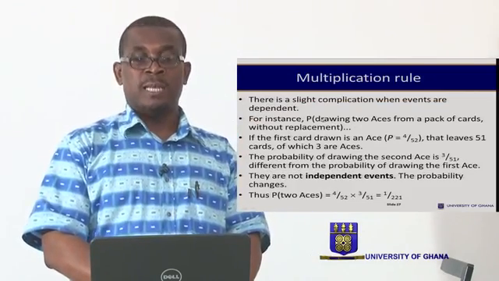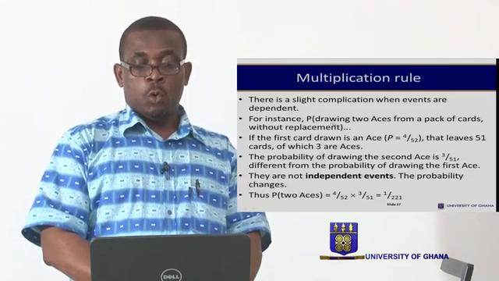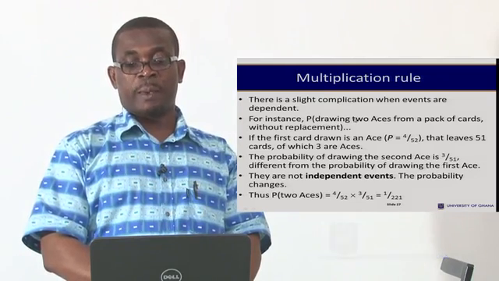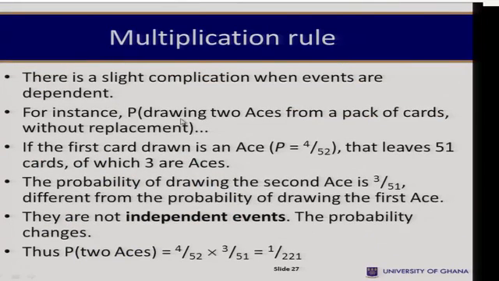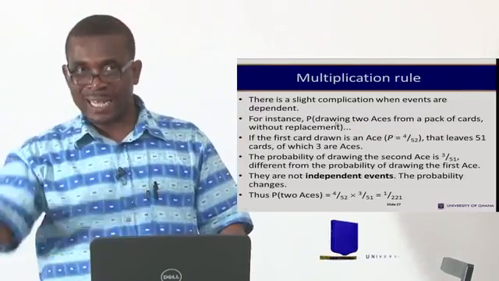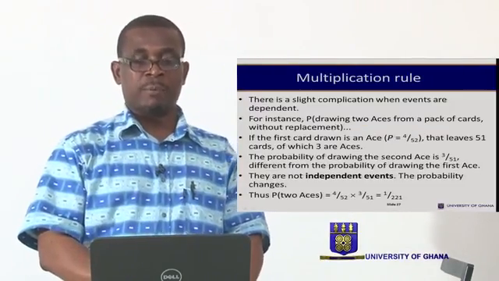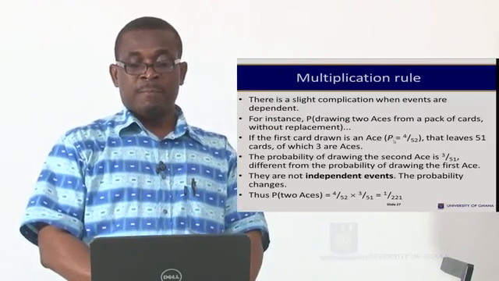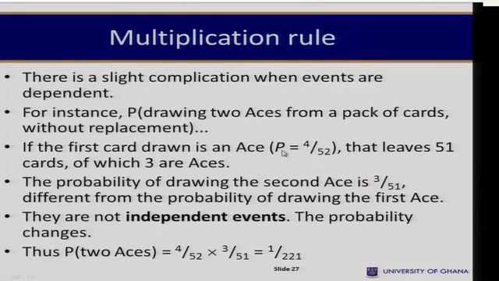Let's illustrate this. Let's say we want to calculate the probability of drawing two aces from a pack of cards without replacement. So first, you pick an ace the first time, and then the second time, when you pick the card, it must be an ace. Now, because there are four aces, the probability of an ace must be 4 over 52.